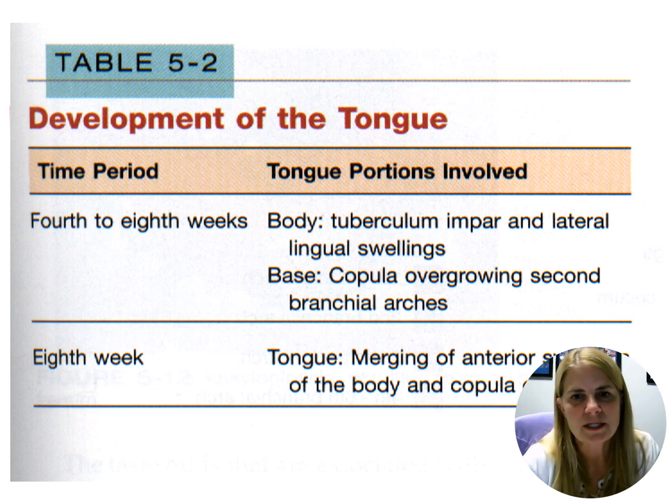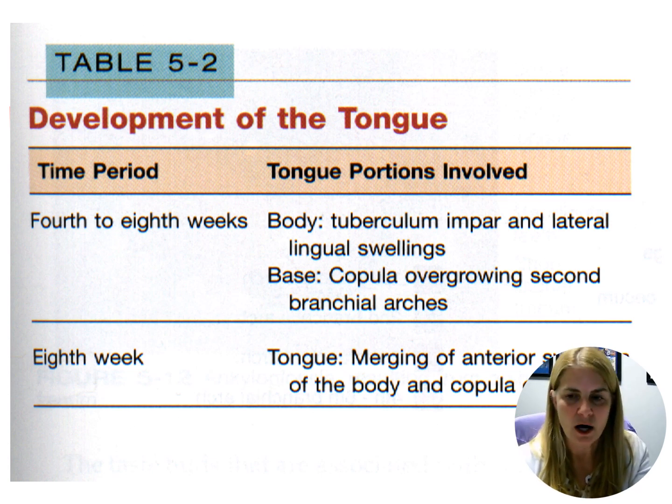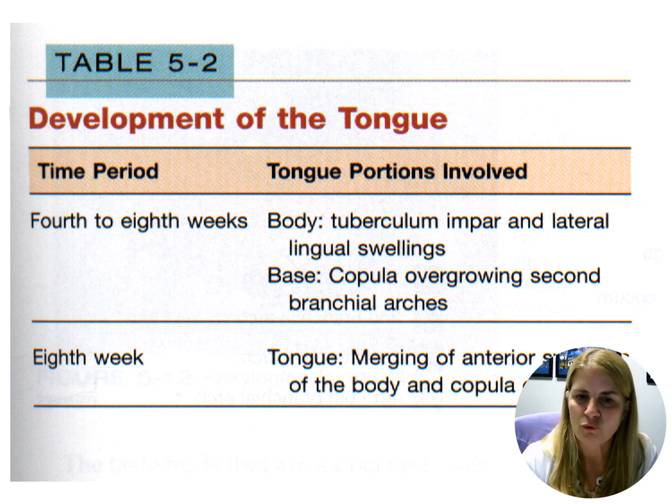This table shows the development of the tongue happening between the 4th and 8th week. So the body of the tongue is forming from the tuberculum impar, being encompassed by the growing lateral lingual swellings that are on either side and make up the body of the tongue. And then the base of the tongue is forming from the copula overgrowing the second branchial arch.